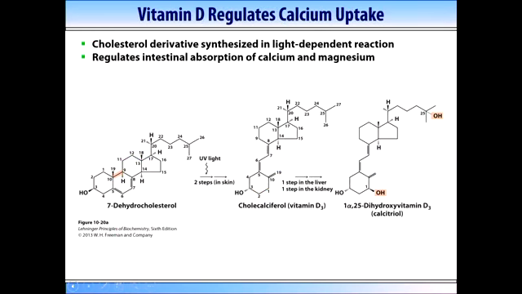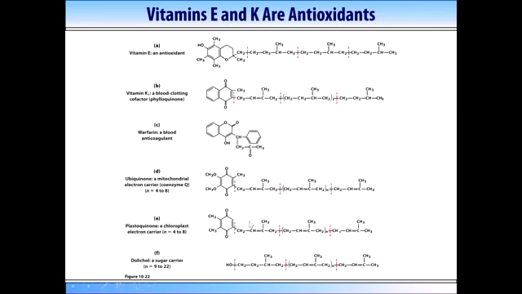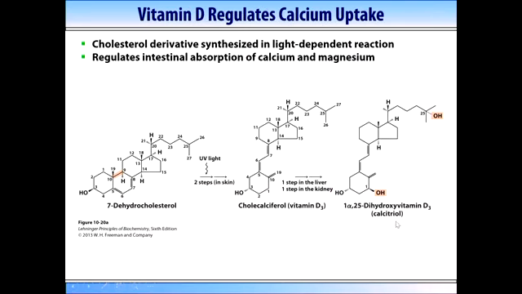Another interesting molecule is vitamin D. And here you can also recognize the cholesterol traits. Not surprisingly, because it belongs to the same class. So this 7-dehydrocholesterol, through a number of steps in synthesis, turns into cholecalciferol, vitamin D3, and then it can be hydroxylated to the dihydroxyvitamin D3, which is an active form.